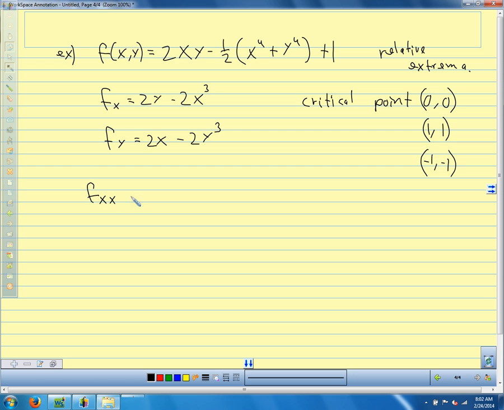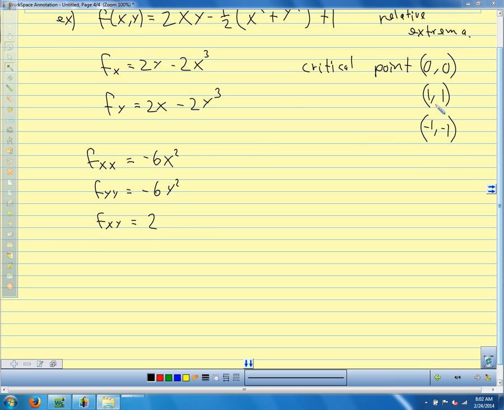f sub xx, the second partial with respect to x, we get minus 6x squared. Second partial with respect to y, we get minus 6y squared. And the mixed partial, f sub xy, is 2. And we need our points here. Let's run it for this.